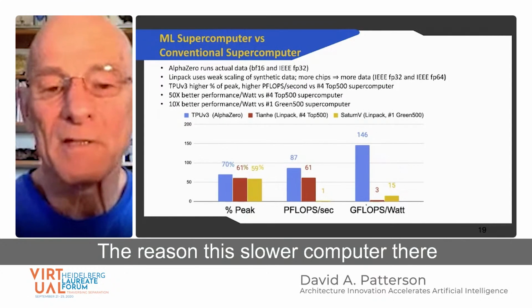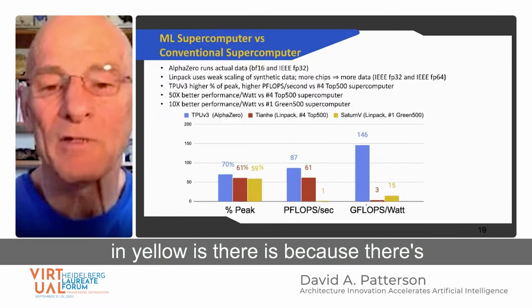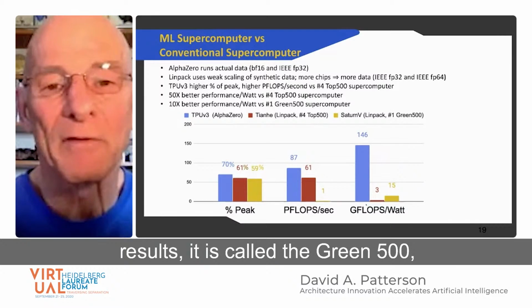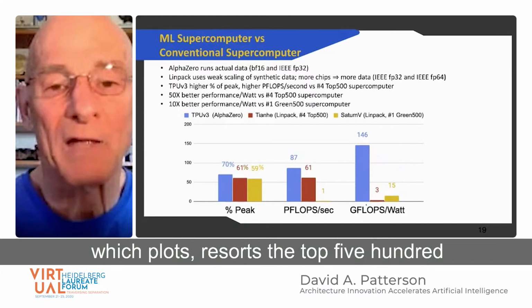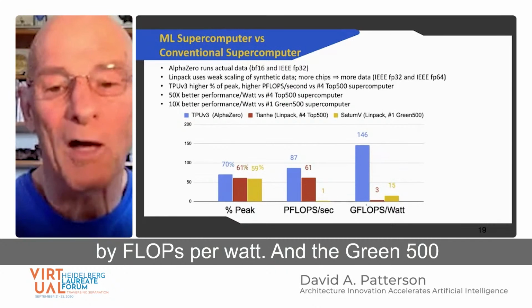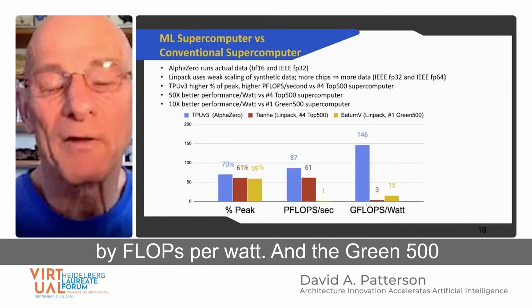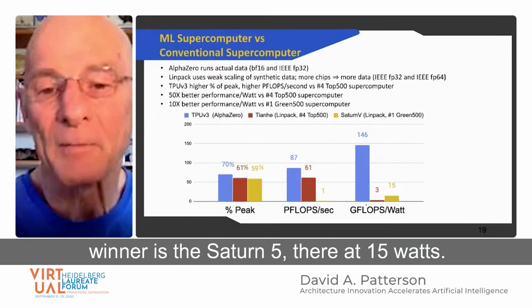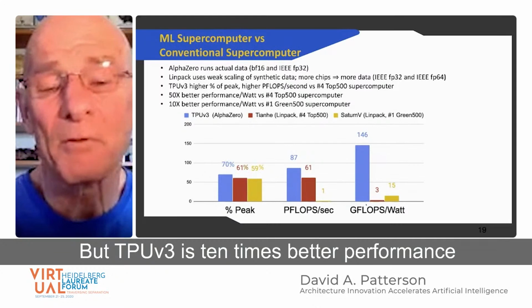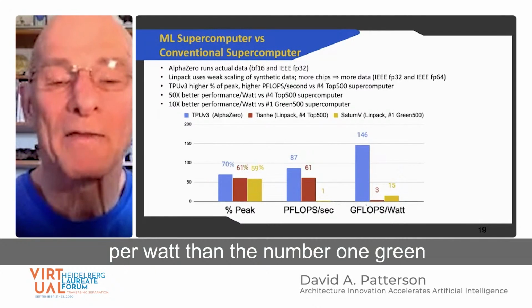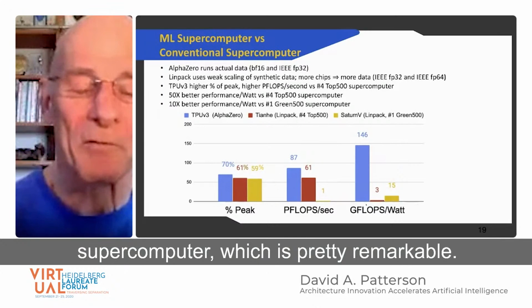The reason this slower computer there in yellow is there is because there's another way you can look at the Linpack results. It's called the Green500, which resorts the top 500 list by flops per watt. The Green500 winner is the Saturn V there at 15 watts. But TPU v3 is 10 times better performance per watt than the number one green supercomputer, which is pretty remarkable.